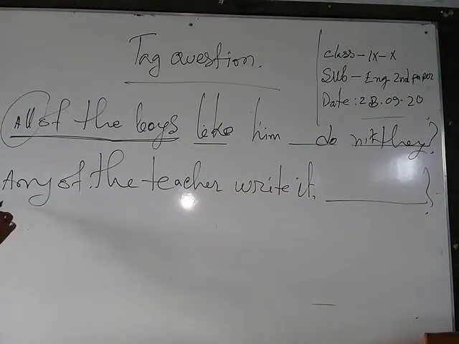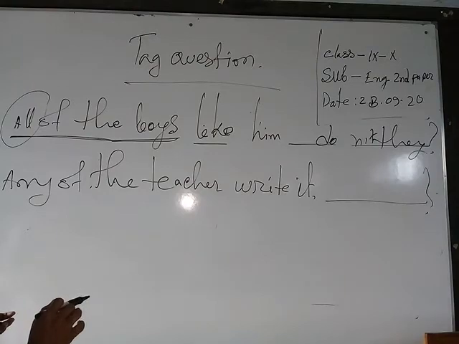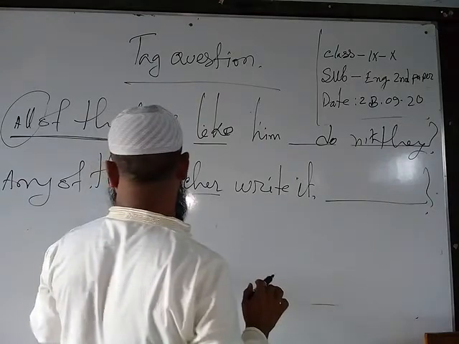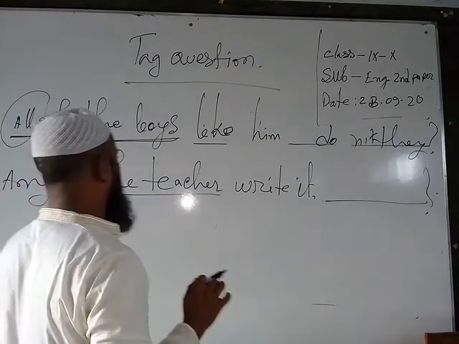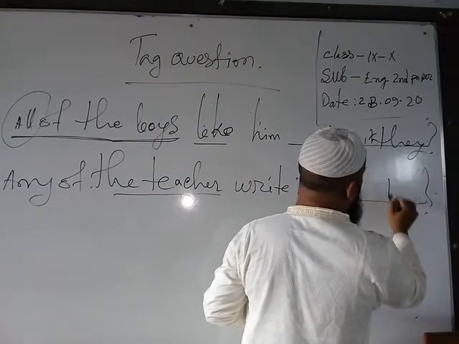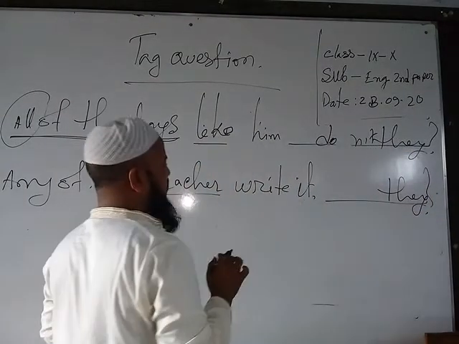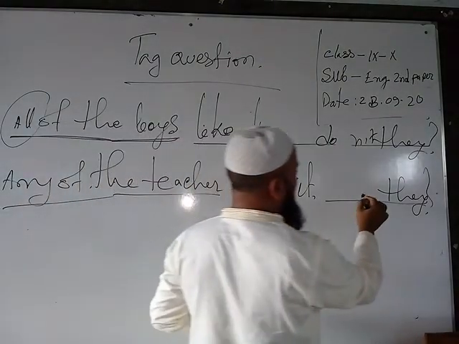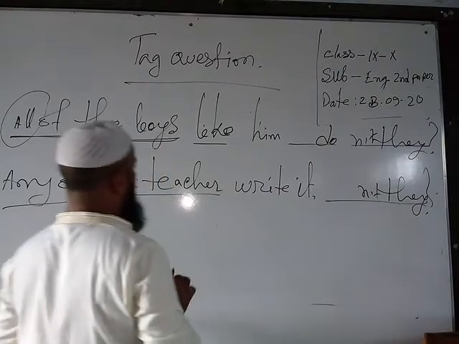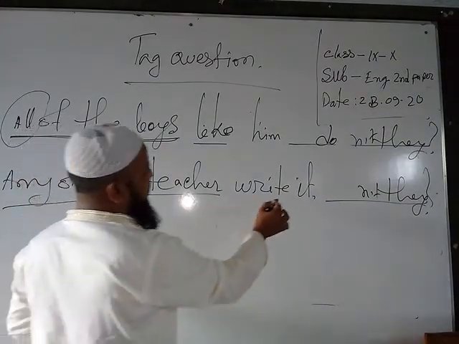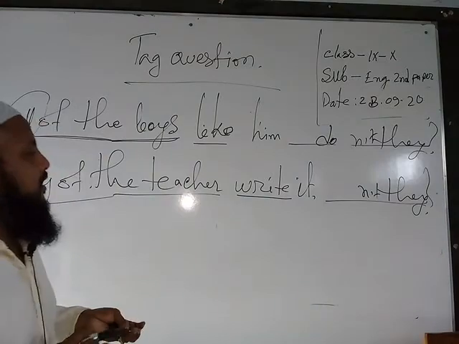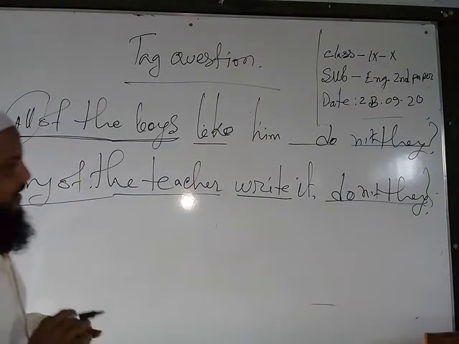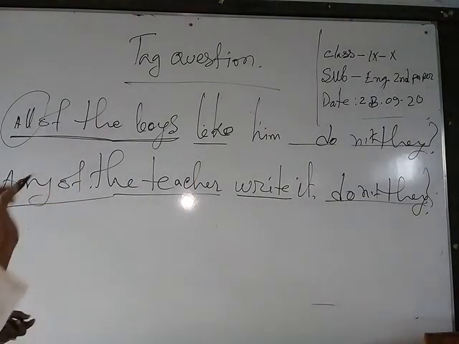Here, any of the teachers, any of, some of, none of, all of, then the subject, this is the plural form of subject, so we use they as the subject of the question, and this is an affirmative sentence, so we use not. And there is no auxiliary verb here, the main verb is write, so we use do. This is the right answer, don't they.